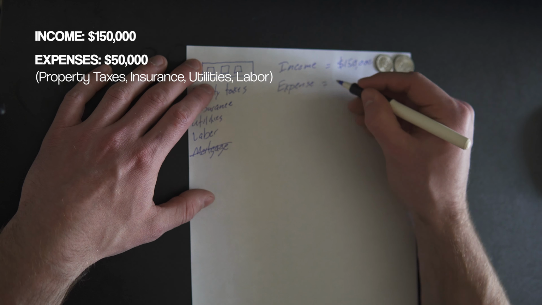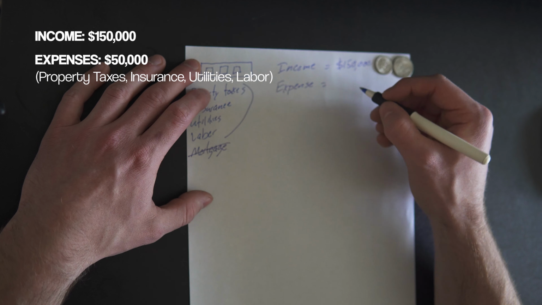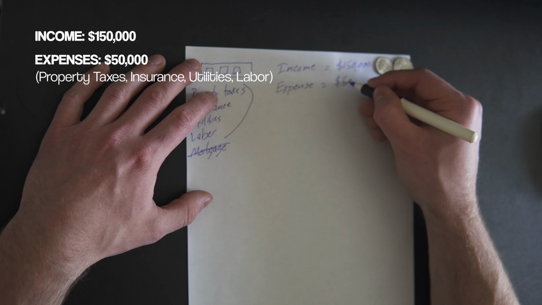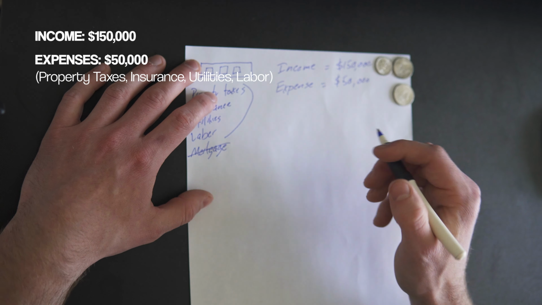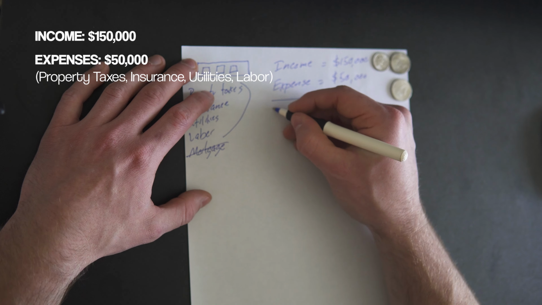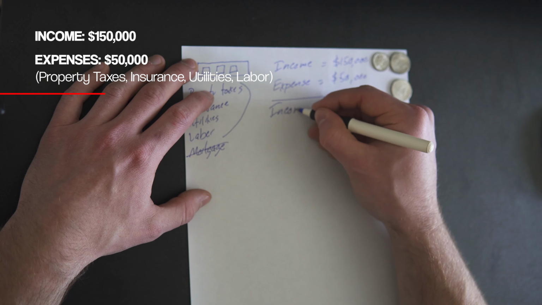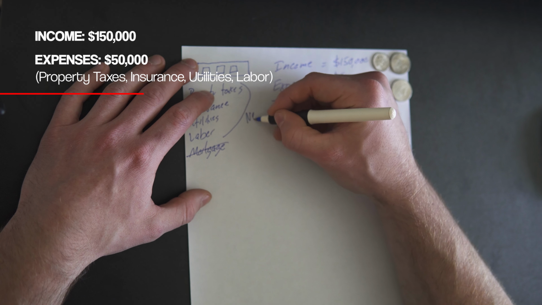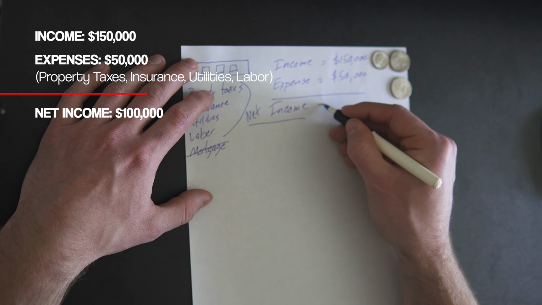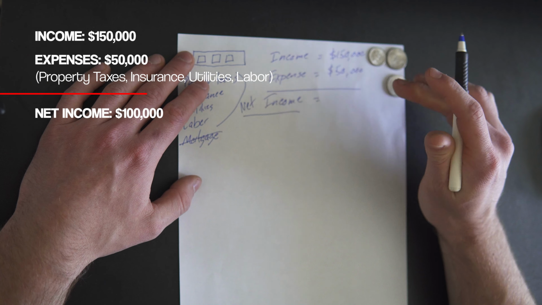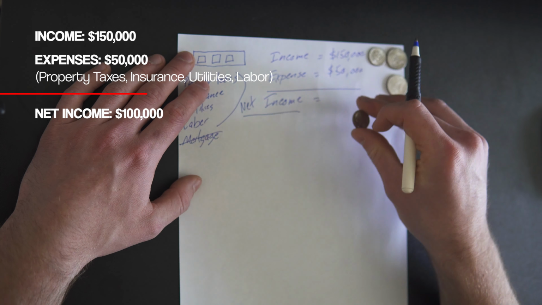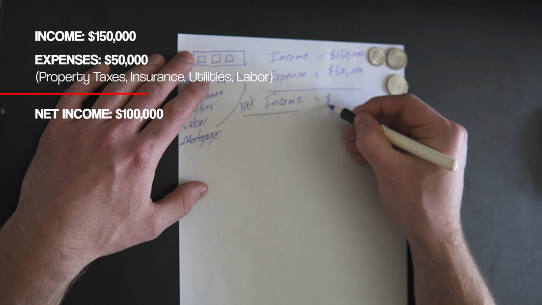So let's say these expenses come out to $50,000 a year, okay? Again, that's a nickel. So what is the actual income? In real estate, we call this the net income of this business. Well, if we have $150,000 and we take out $50,000, then of course we're left with $100,000.